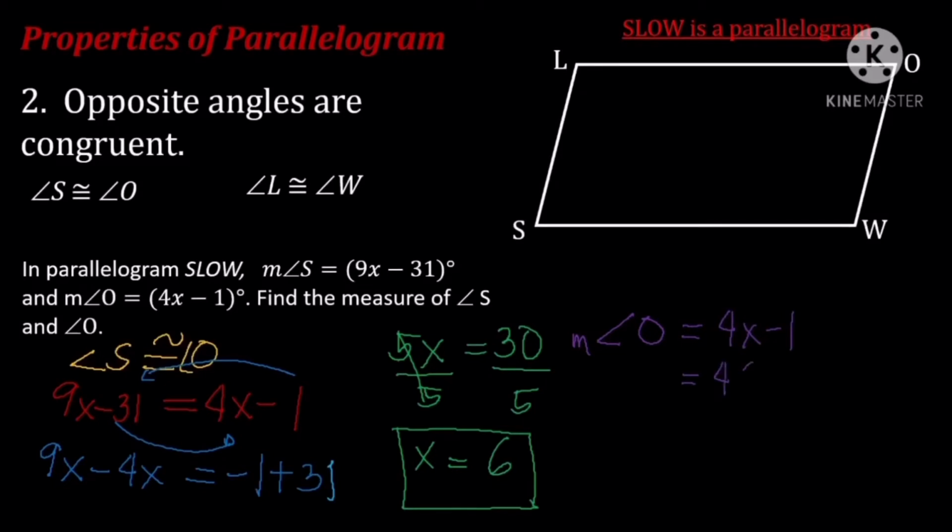We have 4 times 6 minus 1, and then 4 times 6 is equal to 24 minus 1. So the measure of angle O is equal to 23 degrees.